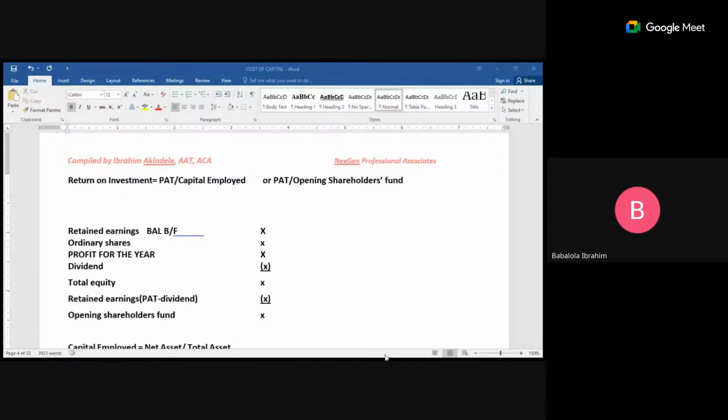So that will give us our retained earning for 2024. You now remove it from your total equity, which you get from the workings you are doing from 2023 brought forward. So the total equity minus your retained earning for 2024 will now give you your shareholders' fund. That means what you have left is the shareholders' fund that you are going to use.